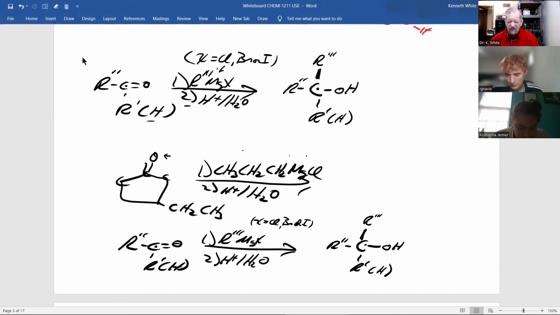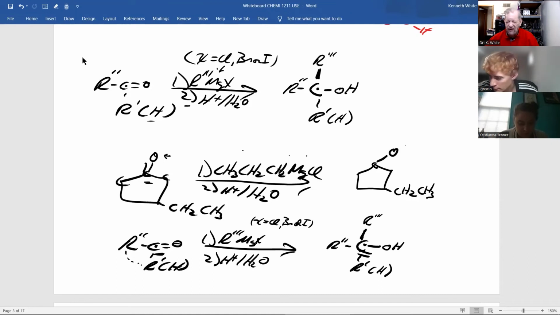Now, what's attached to this carbon, that was this carbon, is still attached. In this case, we've got the ring. And the ethyl group will still be there. Now, this carbon, which is this carbon, is this carbon, which is this carbon.